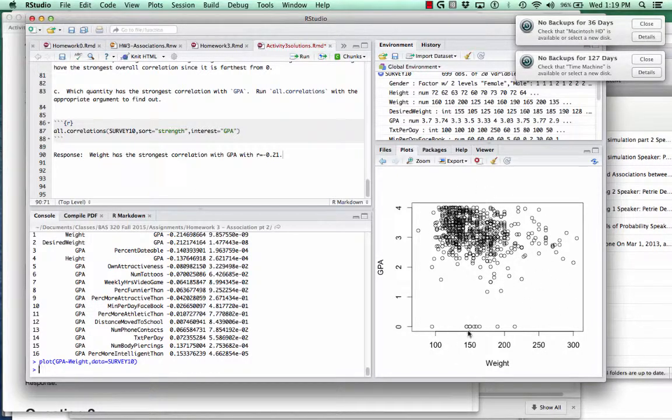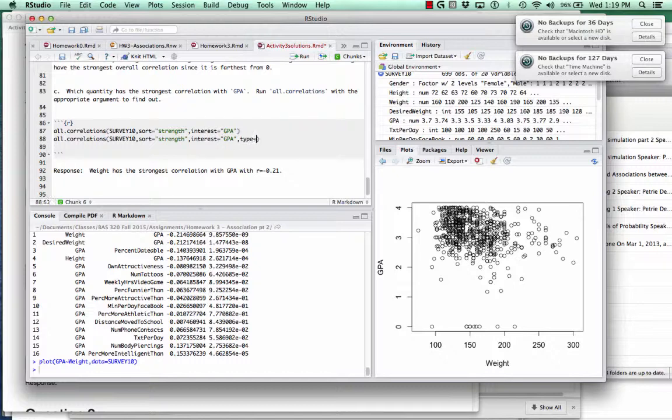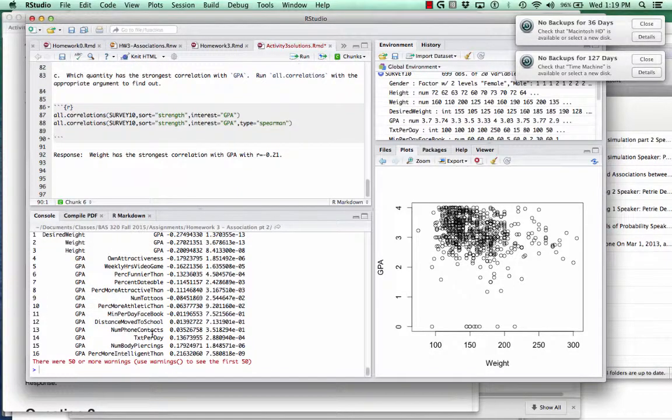We do have a few outliers here at GPAs of 0, which actually corresponded to freshmen. In case we were worried about this contaminating our results, because we know that outliers can really mess up the value of the correlation, we could rerun this. Instead of outputting Pearson's correlation, we could say type equals Spearman to get Spearman's rank correlation.